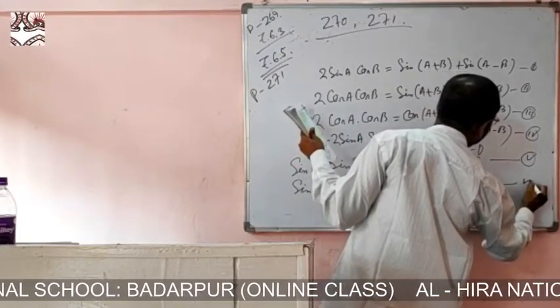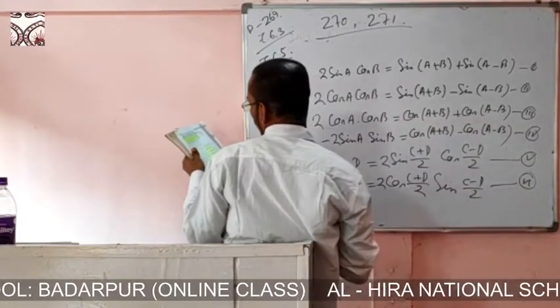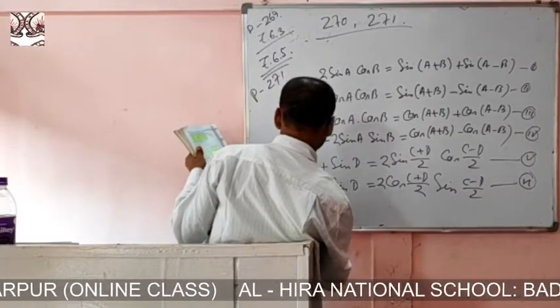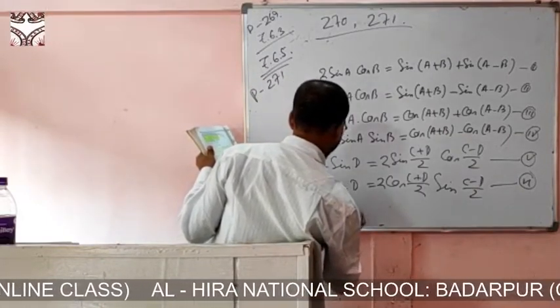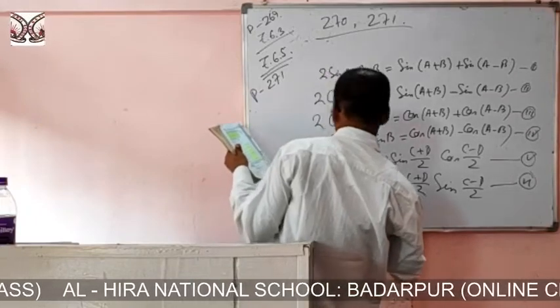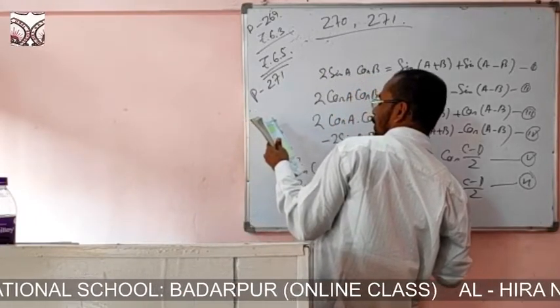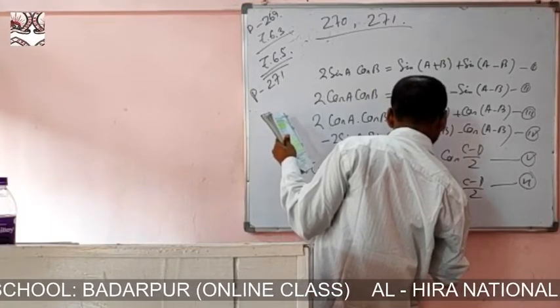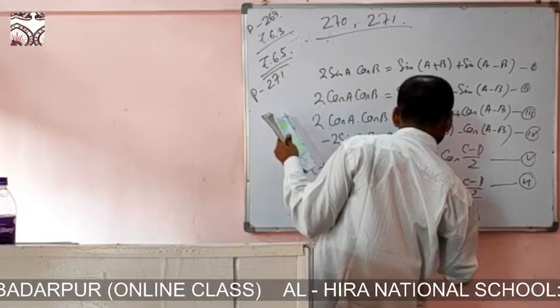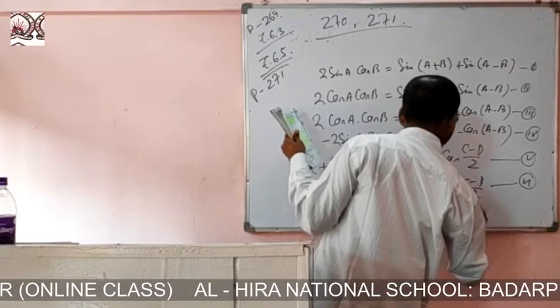This one is number 6, and then cos c plus cos d will be twice cos((c plus d) by 2) into cos((c minus d) by 2).